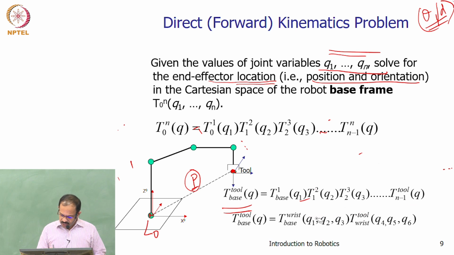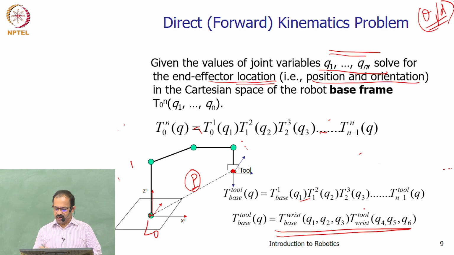Since I mentioned that we can have the first 3 degrees of freedom for positioning and the next 3 degrees of freedom for orientation, we can represent this also in this way, between wrist and base and between tool and wrist. This is only for convenience, because the positioning is done by the first 3 joints and the orientation is done by the next 3 joints. We can represent this as 2 transformations, wrist to base and tool to wrist.